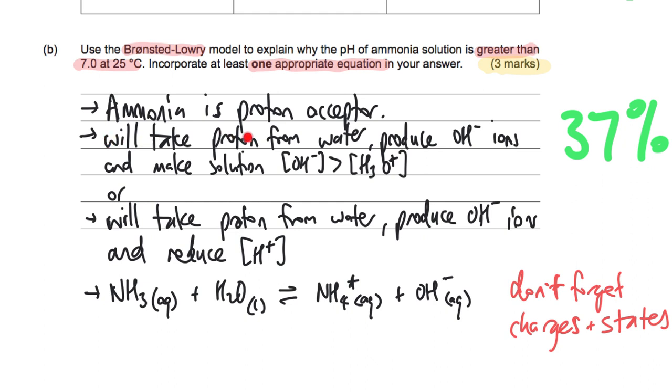Why? Because it will take protons from water producing OH minus ions, which will make the solution basic, defined as OH minus greater than H3O plus. Alternatively, it takes protons from water to produce OH minus, which will reduce the concentration of H plus. Remember, you've got to start talking about things in concentration. The reduction of H plus ion concentration will increase the pH above 7.